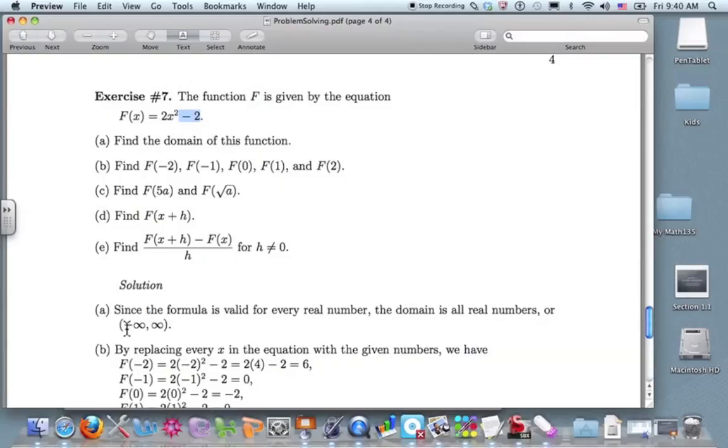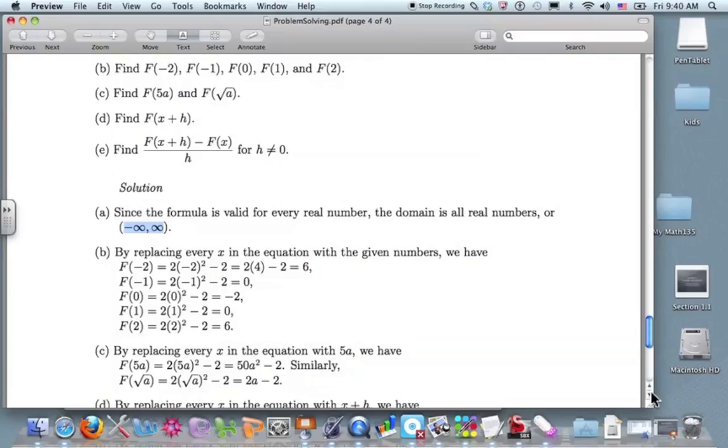So the domain is always -infinity to infinity. To evaluate the function values at different x values, we just plug in. So this is quite straightforward.